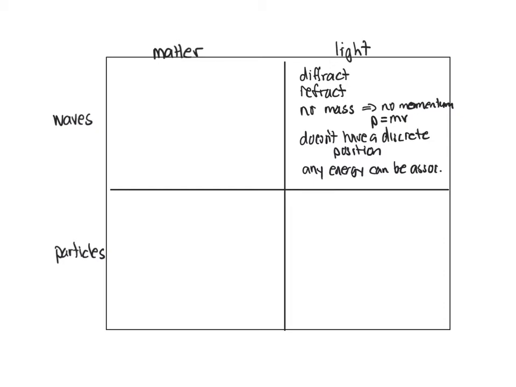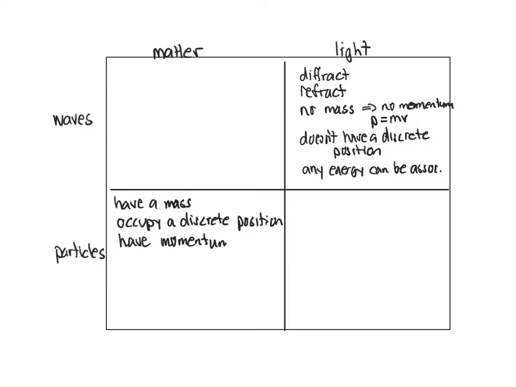And when we think about classical particles, they don't diffract, they don't refract, they don't act like waves in that way. They have a mass, they occupy a discrete volume or position, so I can pinpoint where they are. They have momentum that is associated with how fast they're going and with their mass.